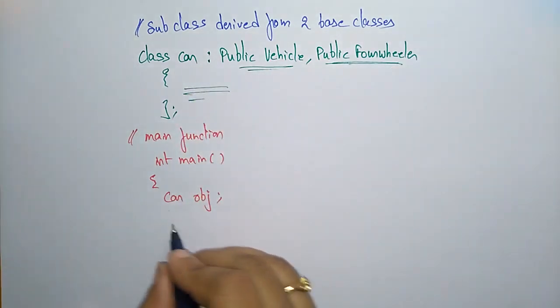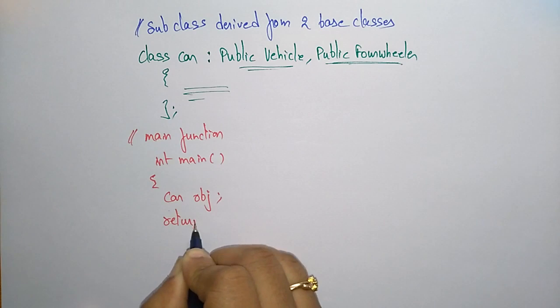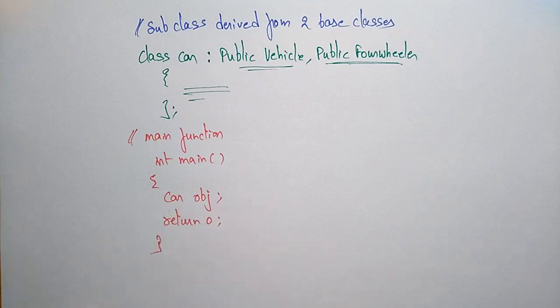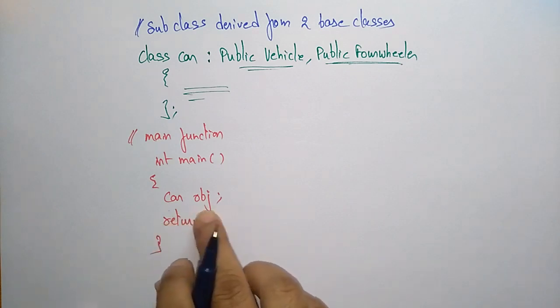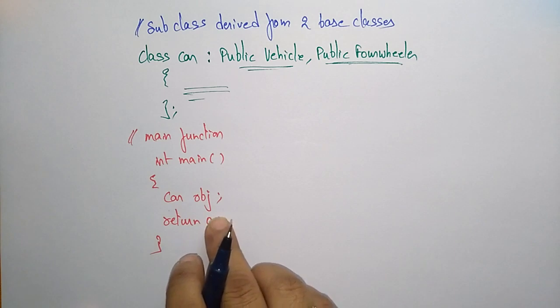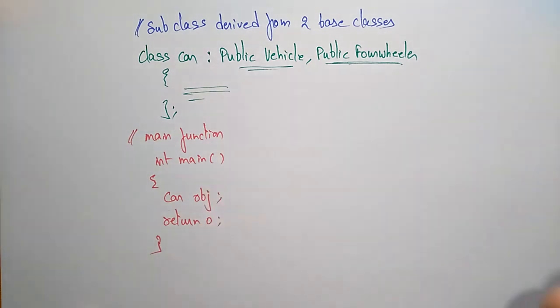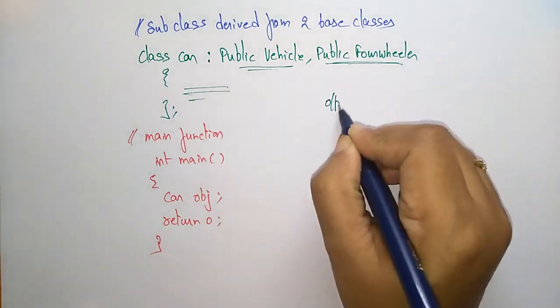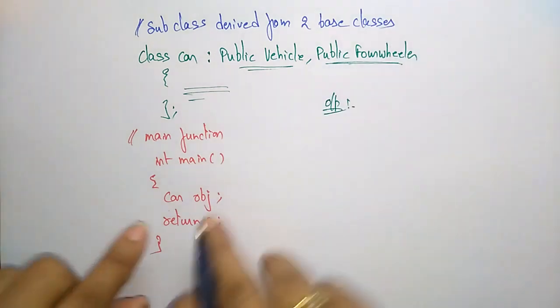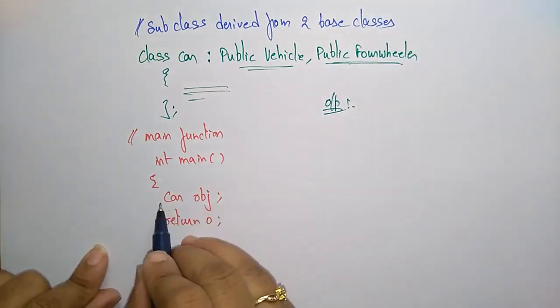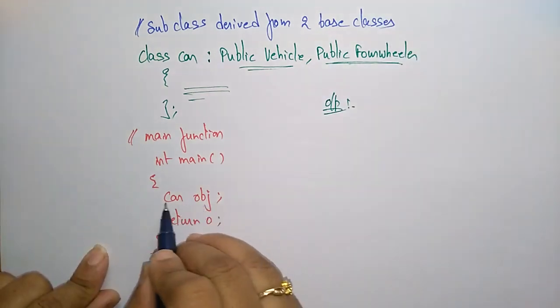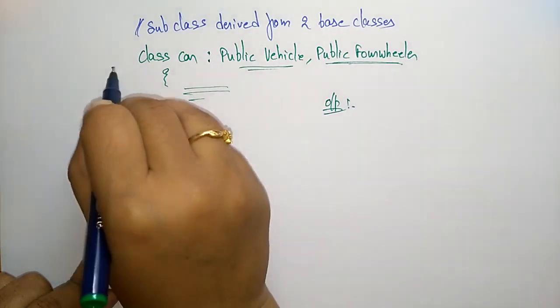So car obj, and return 0. Okay. So this car obj means creating an object of the subclass will invoke the constructor of the base class. So then what will be the output here? Car is the class name, obj is the object, and it comes to here.